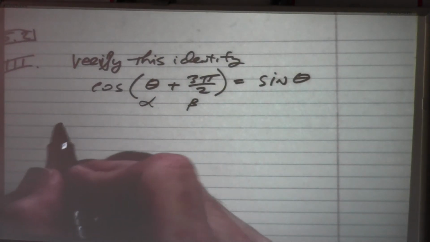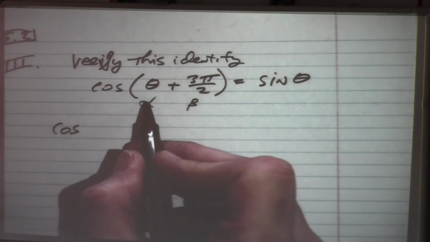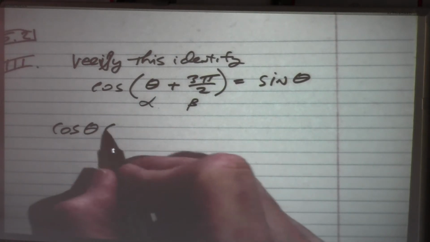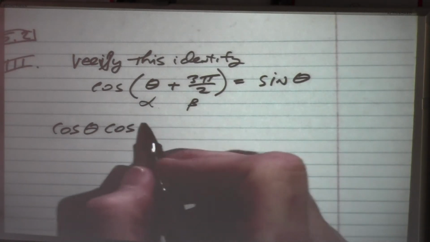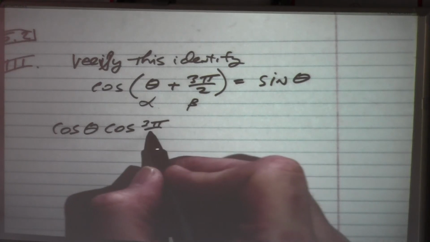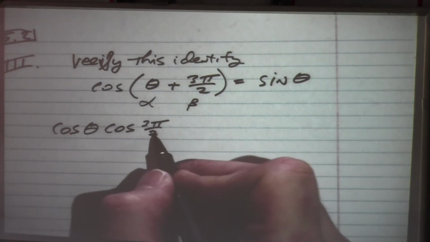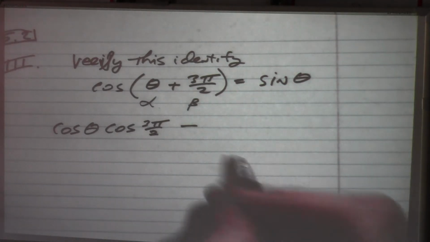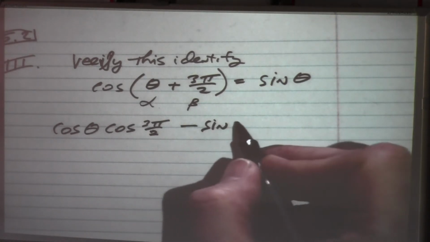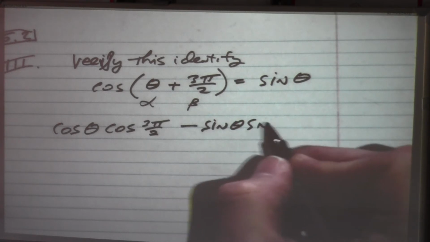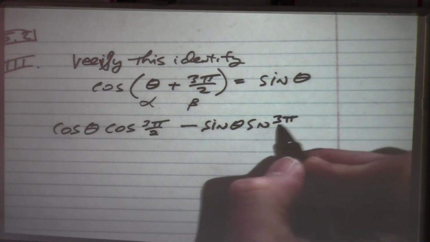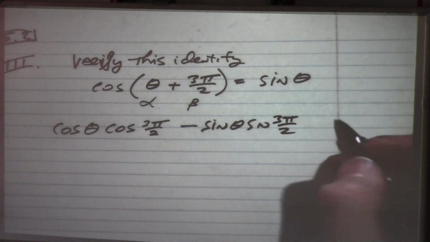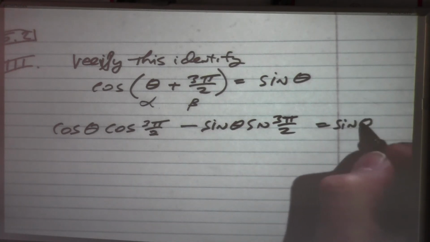So that means it'll be the cosine of alpha, which is theta, times the cosine of beta, which is 3 pi over 2. We don't know that amount yet. Now we'll subtract, because that's plus for this one, and then sine of theta times sine of 3 pi over 2. And if we continue working that out, we should get it equal to sine of theta.